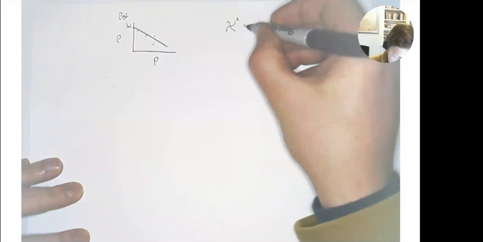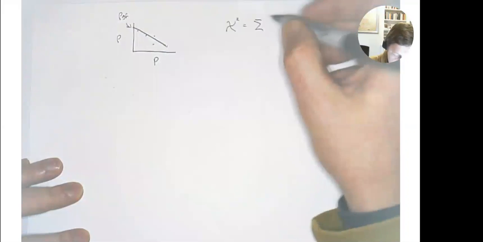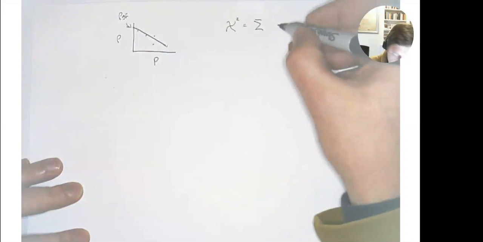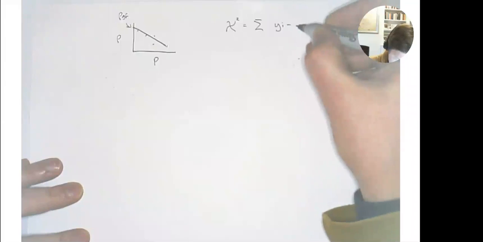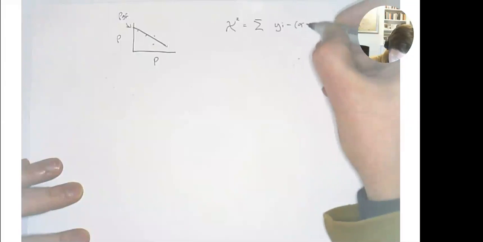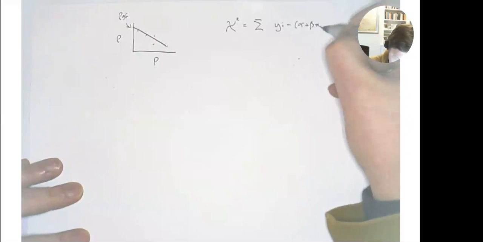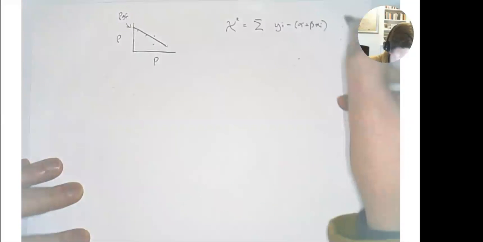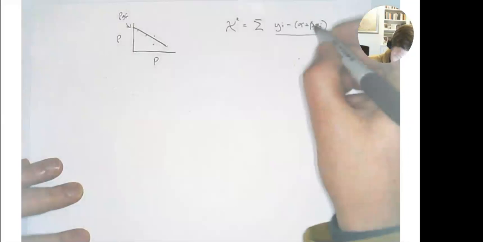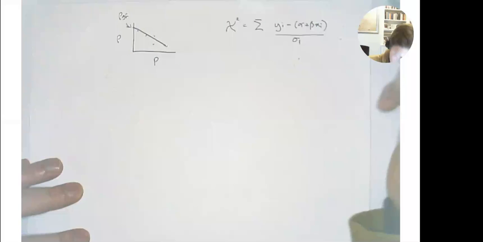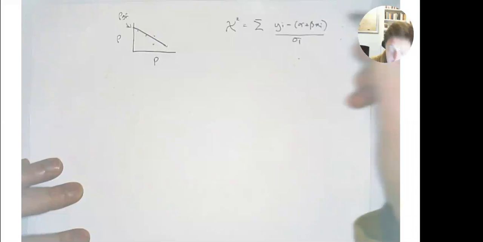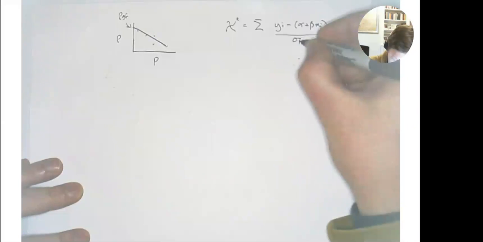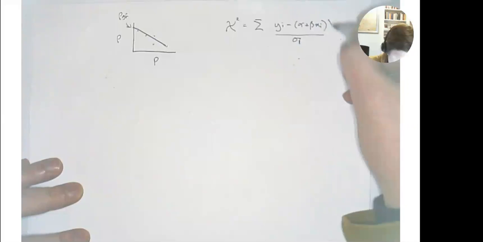In the mini lectures, I introduced the chi-squared parameter. This is where we look at the difference between the measured value and the predicted value. And we include our separate values of sigma i, and we square that.